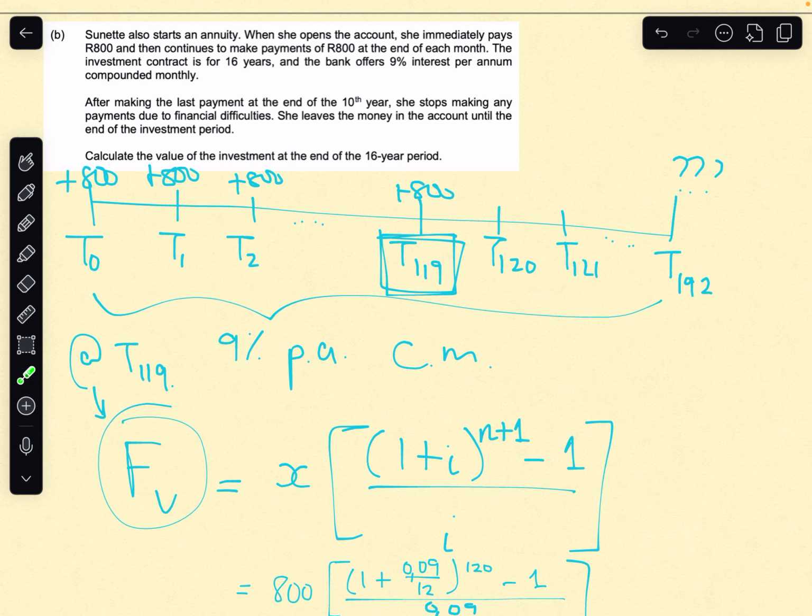Because for me, I feel like it's a valid interpretation of this. Oops. Never mind, I've just seen this. I was about to reread it, and maybe rereading is a good tip. After making the last payment at the end of the 10th year. So she did make this payment over here.